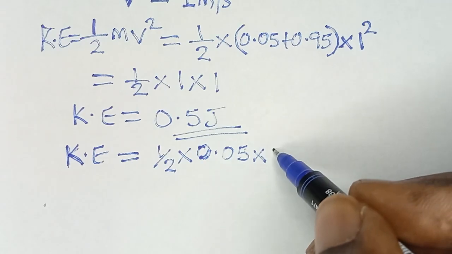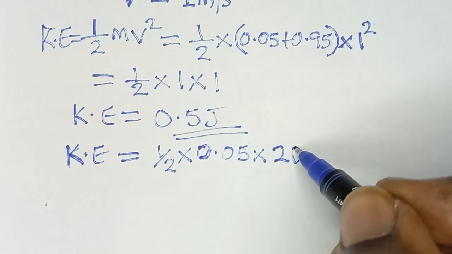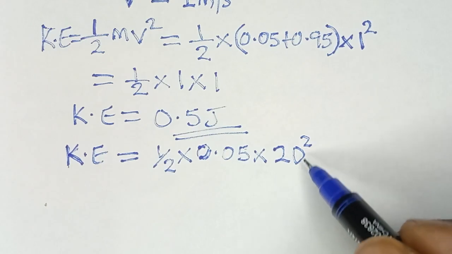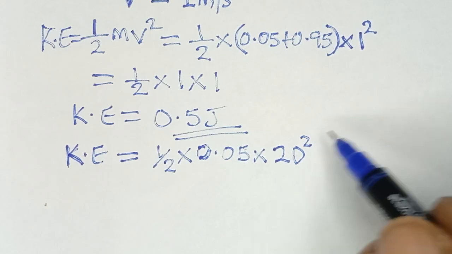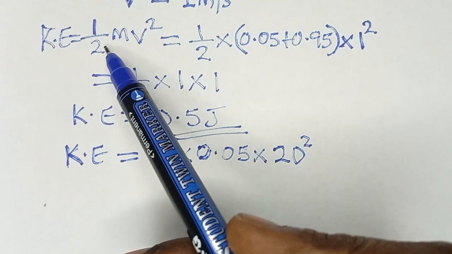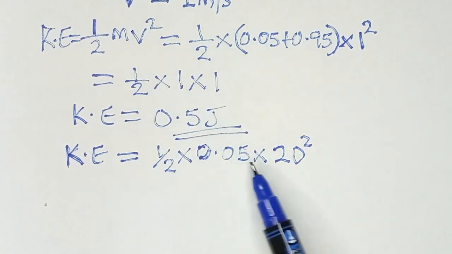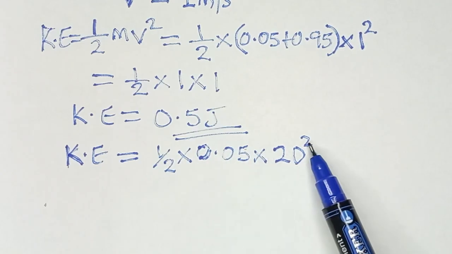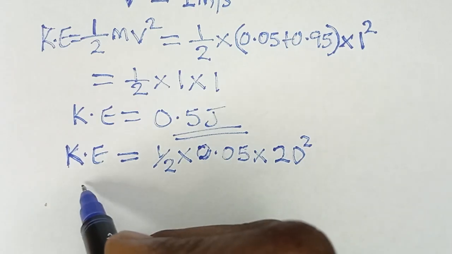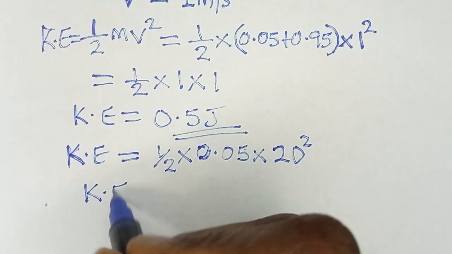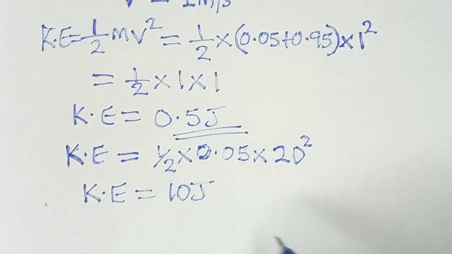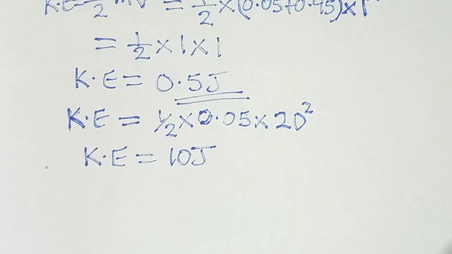The bullet was moving initially at 20 meters per second, so we say 20 squared. Half multiplied by the mass of the bullet times the speed of the bullet squared. By the time we simplify this, we are going to get the kinetic energy of the bullet as 10 joules. So finally, we can get the energy lost in the process now.